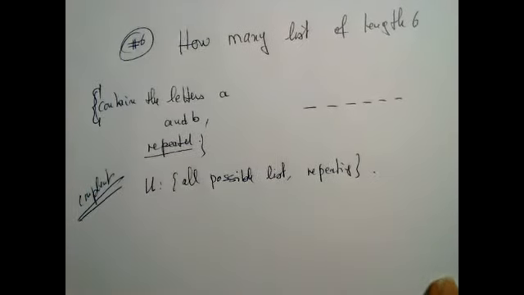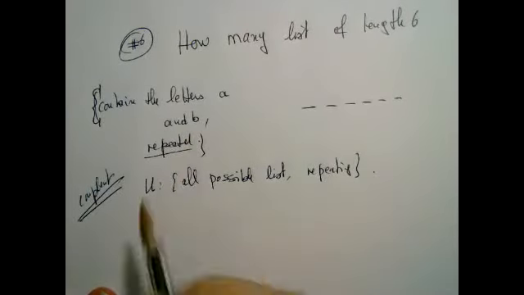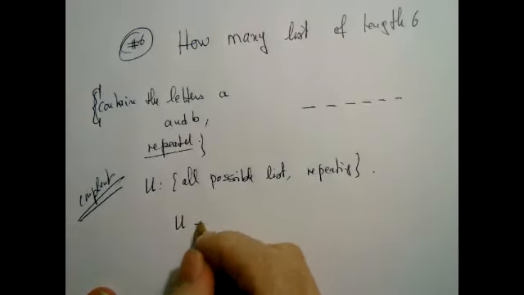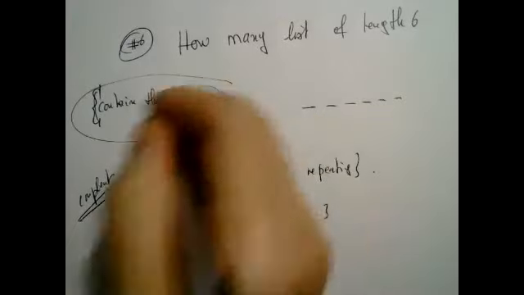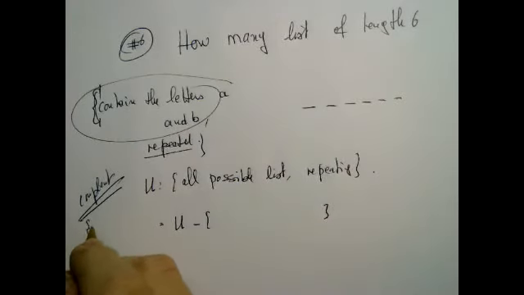We introduce the universe U, which is all possible lists, with repeating, everything repeating. My question is, what should I subtract from U to get all the strings containing A and B?